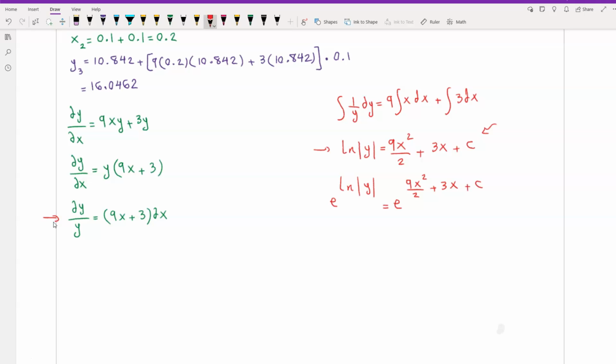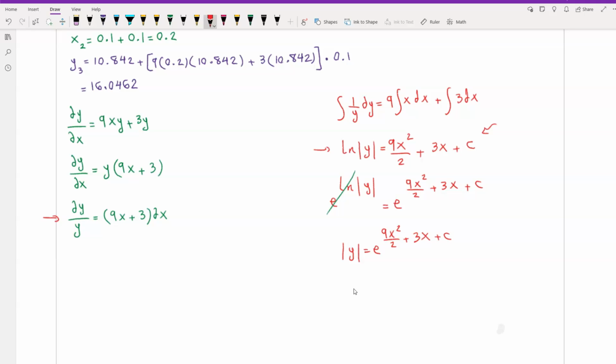So I simplify. So this part cancels, and what we're gonna have is absolute value of y is equal to what we have on right side, so e power 9x squared divided by 2 plus 3x plus c.